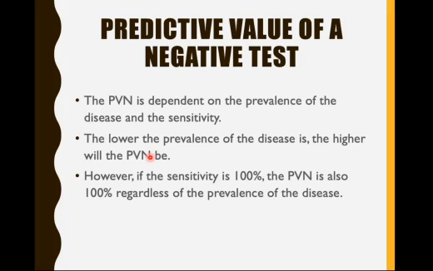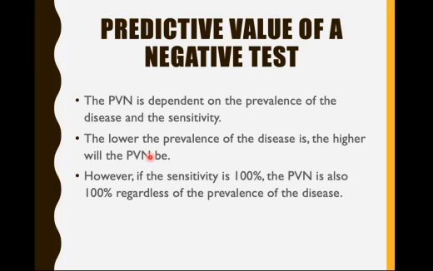And that seems to be logical, because if the prevalence of the disease is very low, and you get a person and test that person, the person will be truly negative. So the predictive value of a negative test will be high.